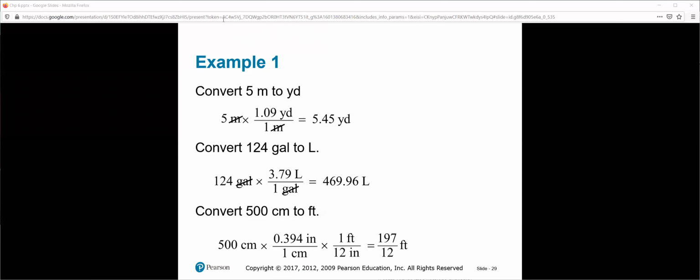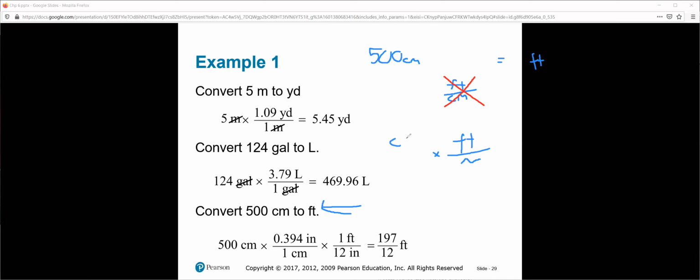I guess to go over this in a bit more depth, how would I write this skeleton? Well, I'd write what I know, 500 centimeters, and after an equal sign I'd write what I want to know, feet. And if I cannot find a centimeter-foot conversion, I need to find something that has feet in the numerator over something, and also something that has centimeters in the numerator and feet in the denominator.